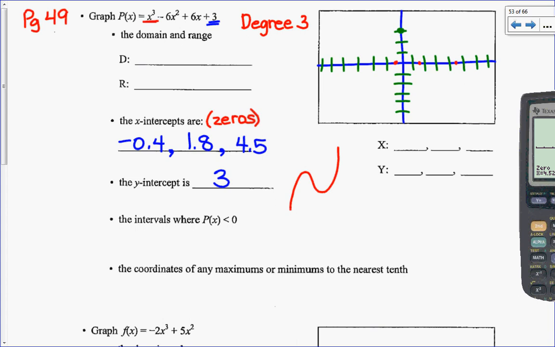So it's going to start in quadrant 3, and it's going to go up through this first 0 of negative 0.4, go up to this y-intercept, then come back down through the next 0, and then back up through the third 0.